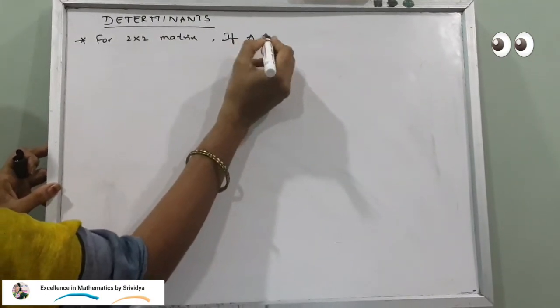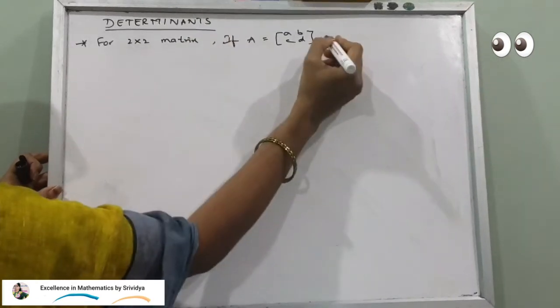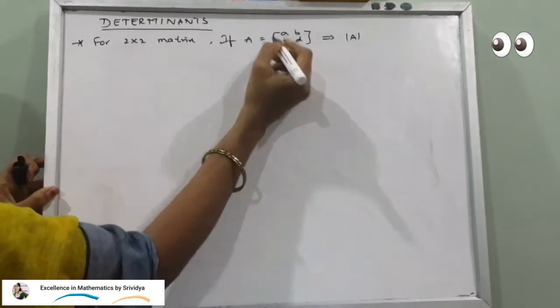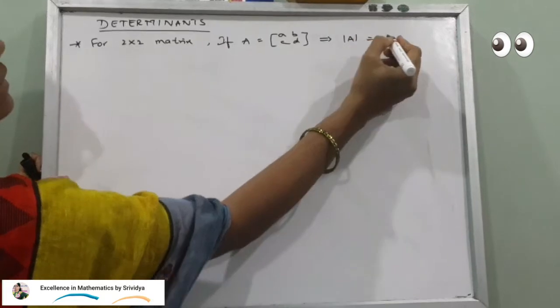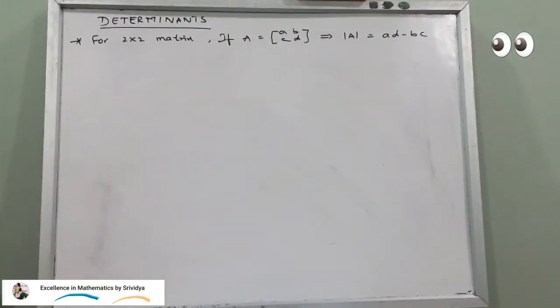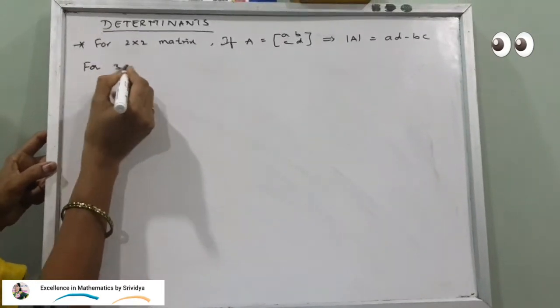If A is equal to the 2 by 2 matrix with rows a, b and c, d, then the determinant of the given matrix is denoted by mod A, which is equal to ad minus bc. Now for a 3 by 3 matrix.